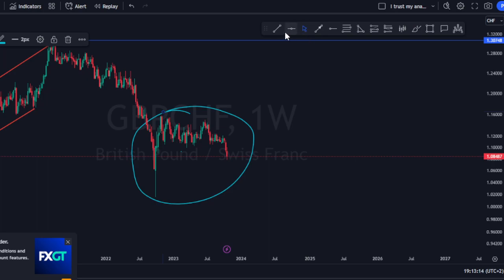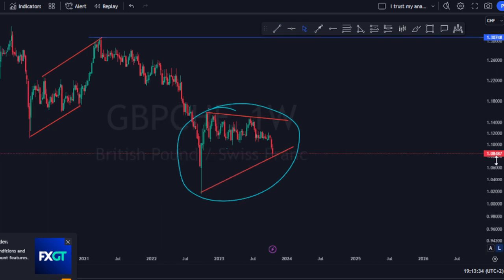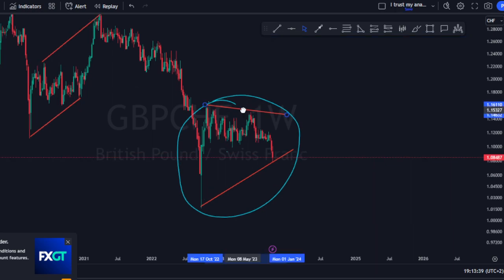So what I'm gonna do is, let me just see if I could join these two highs like that, and probably join those lows like that. So I don't know if you guys know what this pattern is. This is one of the continuation patterns I trade as well.